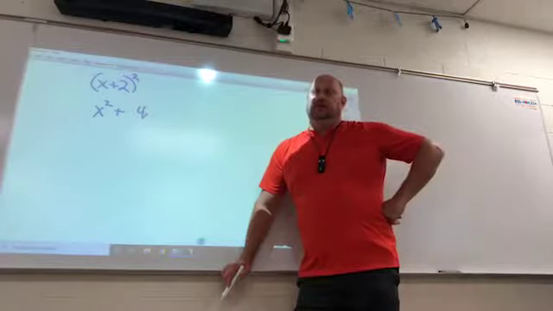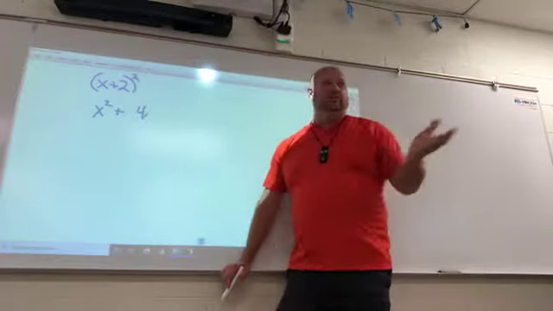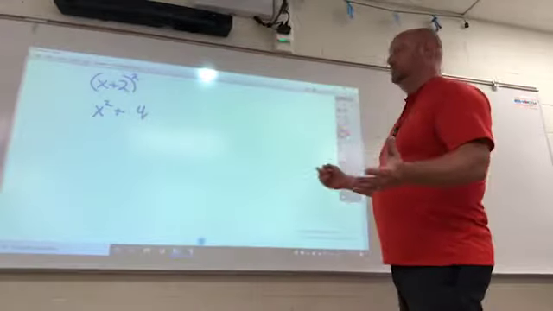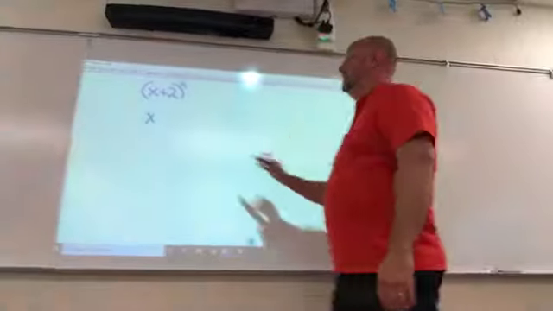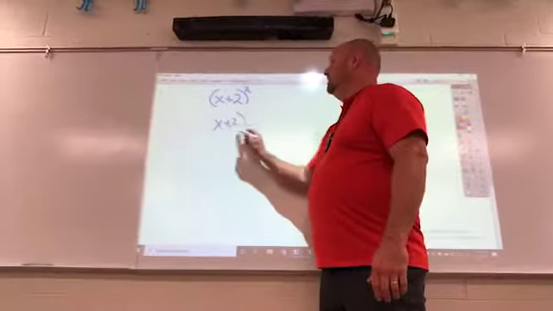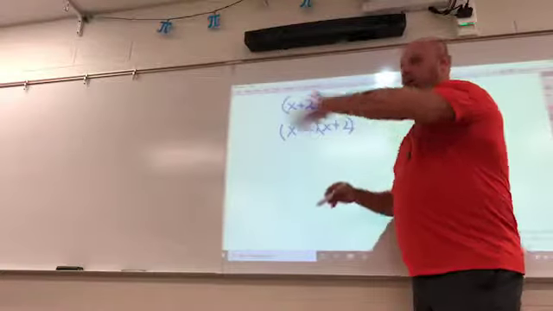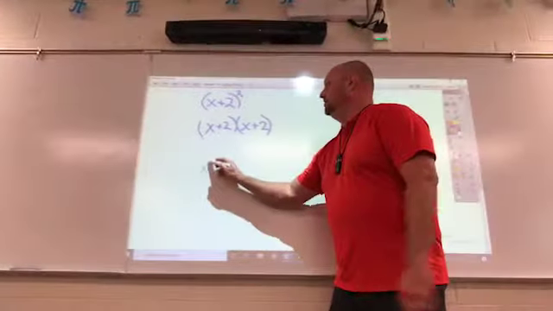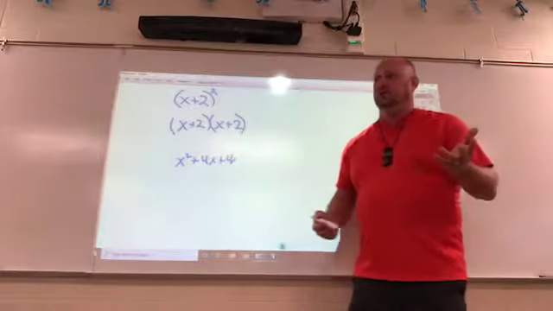It's like a puppy just died because you did that. Of course you can't do that. What do you have to do if you have a quantity squared and it's addition or subtraction? Don't you have to do x plus 2, and then that's times x plus 2, and then you got to FOIL that out, right? The answer actually should be x squared plus 4x plus 4, right?